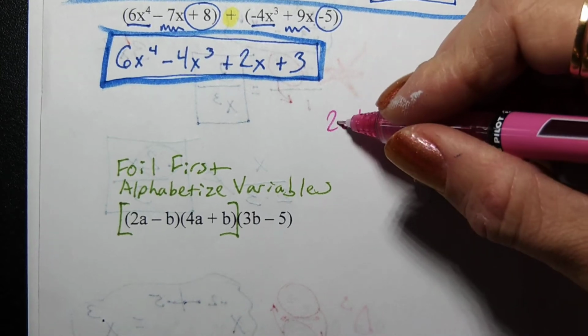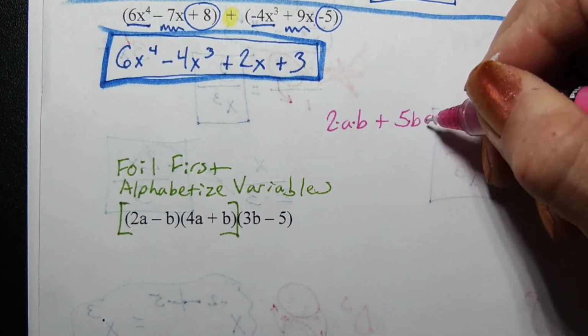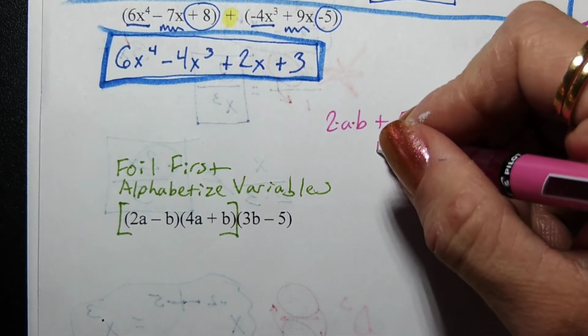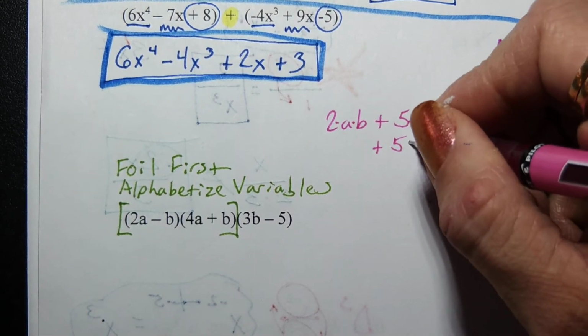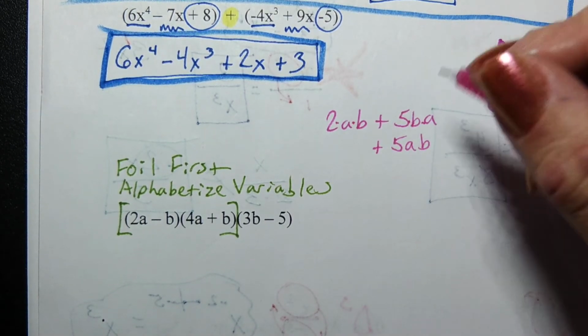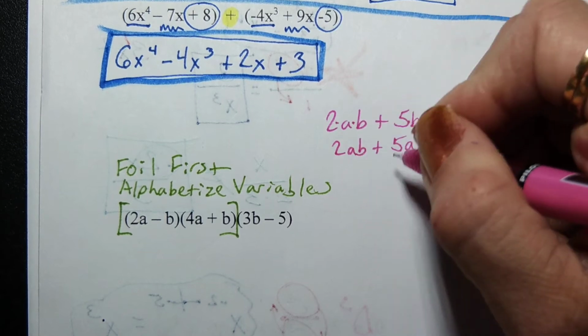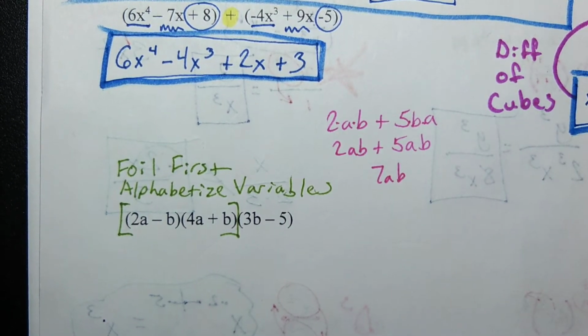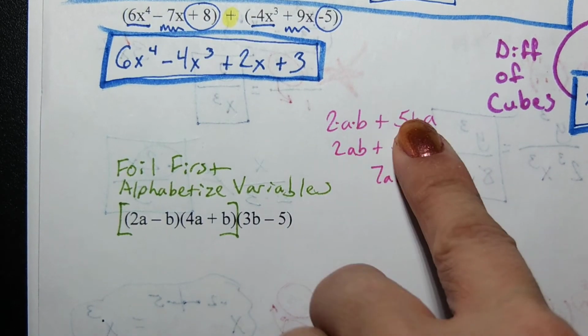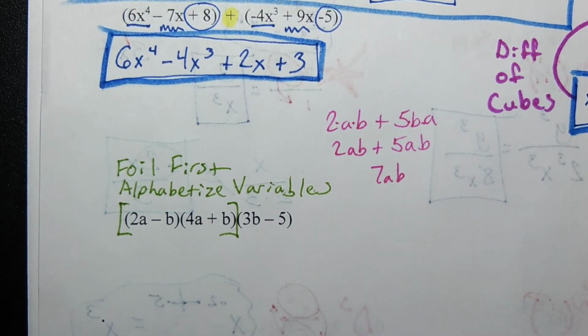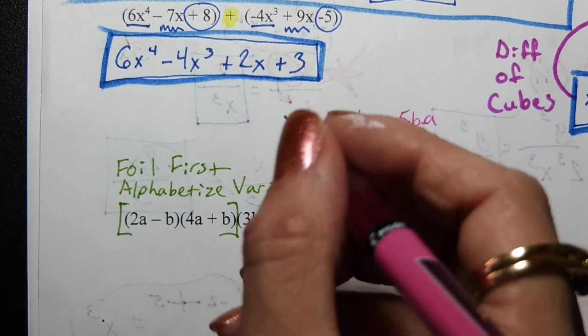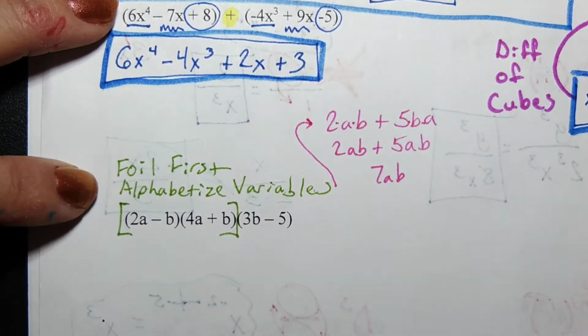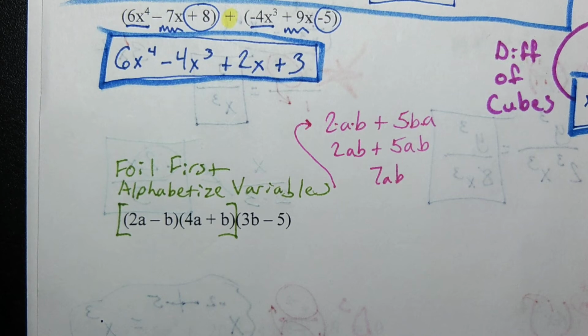Yes. So remember yesterday when I said if stuff is all joined by multiplication, you can switch the order around? So 5BA is the same as 5AB. So these are definitely like terms, and I get 7AB. So to make identifying the like terms a little bit easier, I do recommend that you alphabetize your variables, just because it does make it a little bit easier to see where those like terms are located.